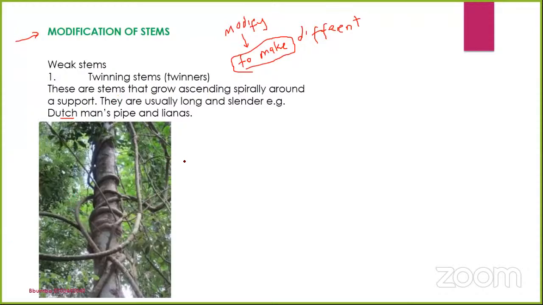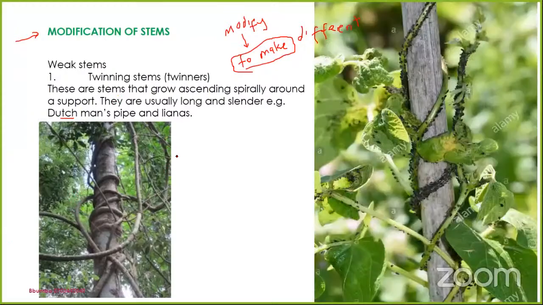What you are seeing here in picture 1 are lianas. If you have visited those huge bushes, like Mabura forest, you can see these lianas there.